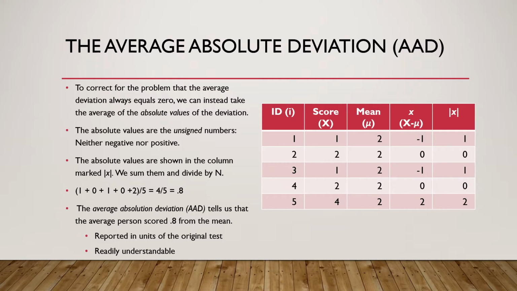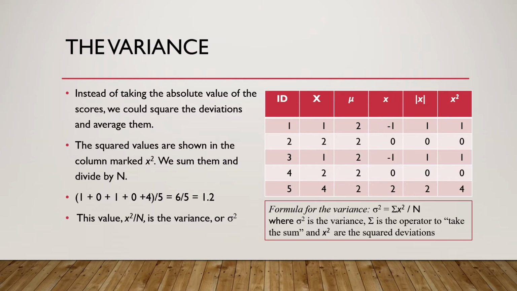We sum them and divide by n, and that gives us 1 plus 0 plus 1 plus 0 plus 2 divided by 5, or 4/5, which is equal to 0.8. The average absolute deviation tells us that the average person scored 0.8 from the mean. It's handy because it's reported in the units of the original test, and it's readily understandable.